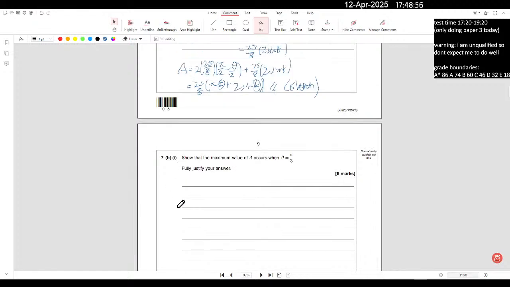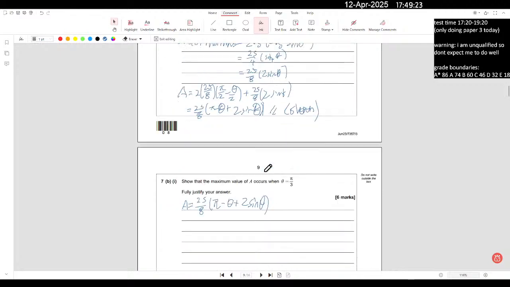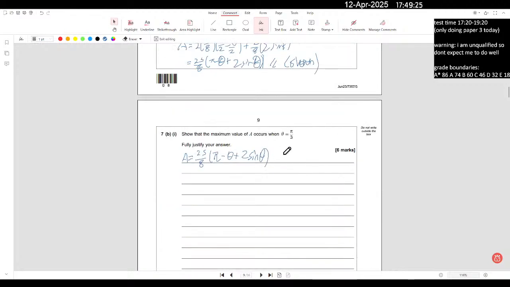Okay, show that the maximum value of A occurs when theta equals pi over 3. Fully justify your answer. Theta equals pi over 3.